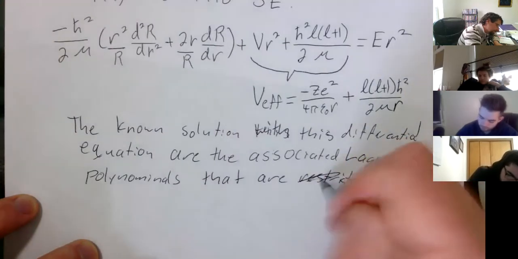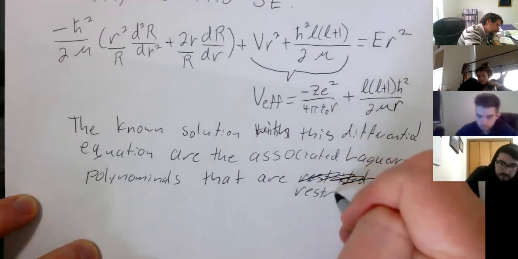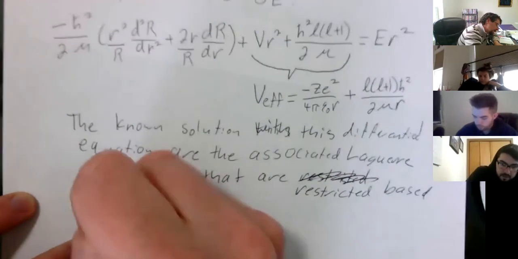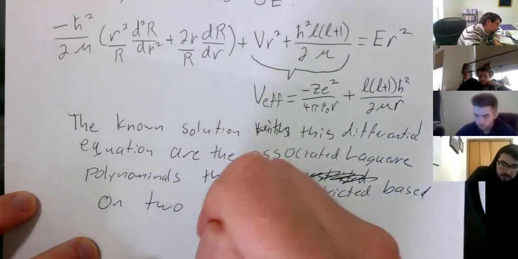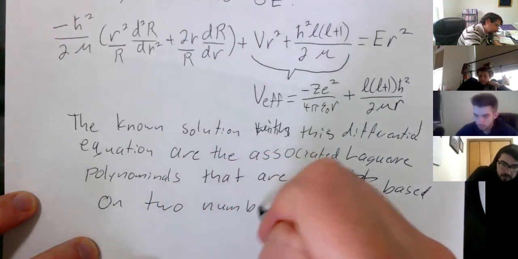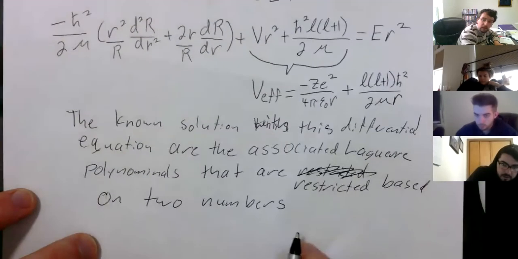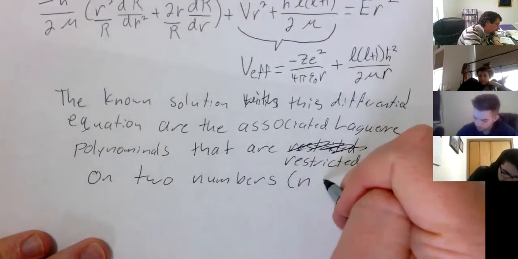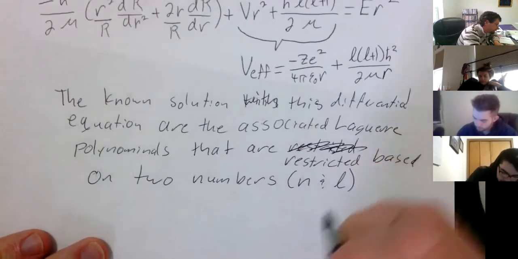Restricted based on two numbers. And those are the first two quantum numbers, n and l.